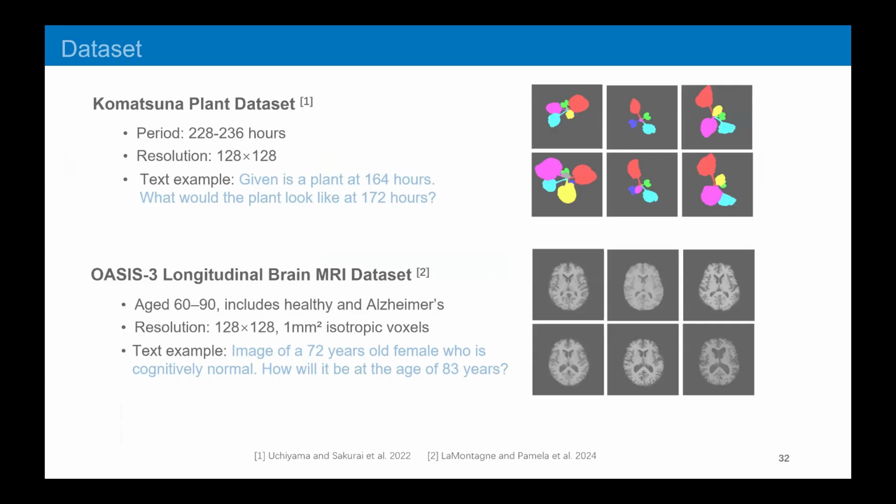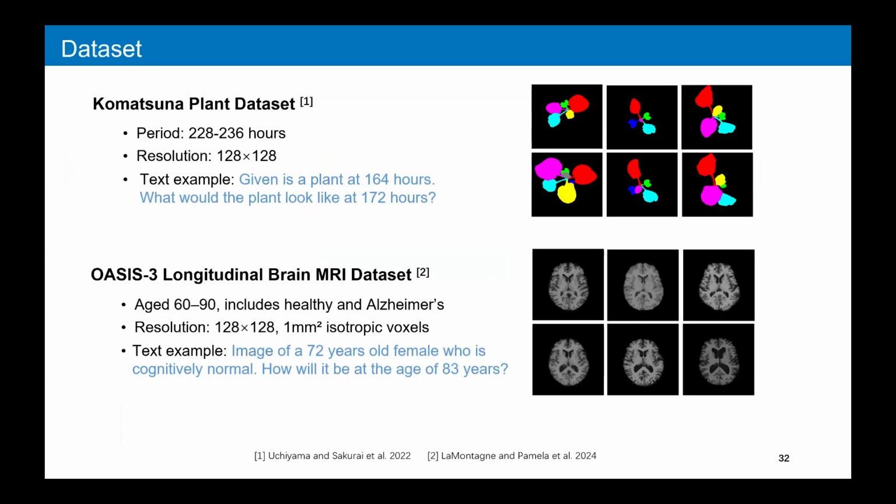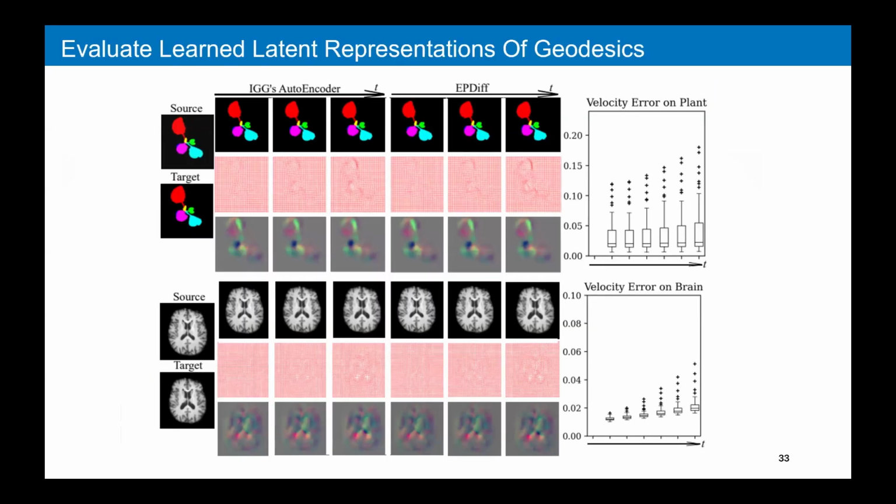We conducted experiments on two datasets, the Arabidopsis plant dataset and OASIS-3 longitudinal brain MRI, that capture the deformable shape changes over time. We first evaluate the model's ability to capture geodesic dynamics by comparing the learned geodesics with the numerical solutions to the EPDiff equation.